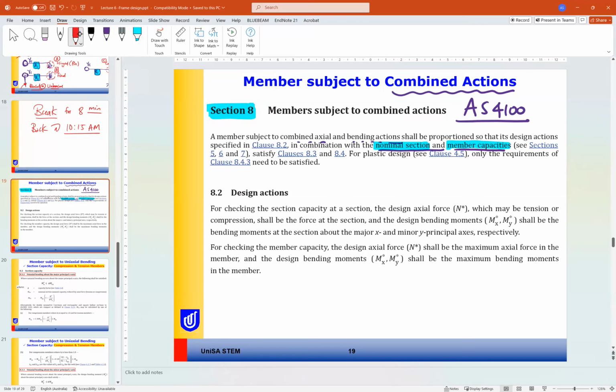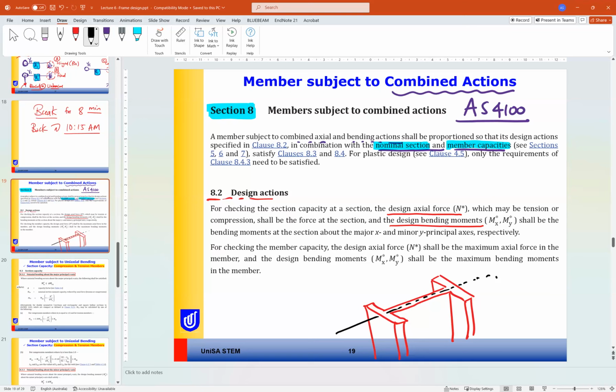The design actions in this part are the design axial force N asterisk, and we may have design bending moments about X and Y. So if we have a cross section, this is the Y axis, this is the X axis.